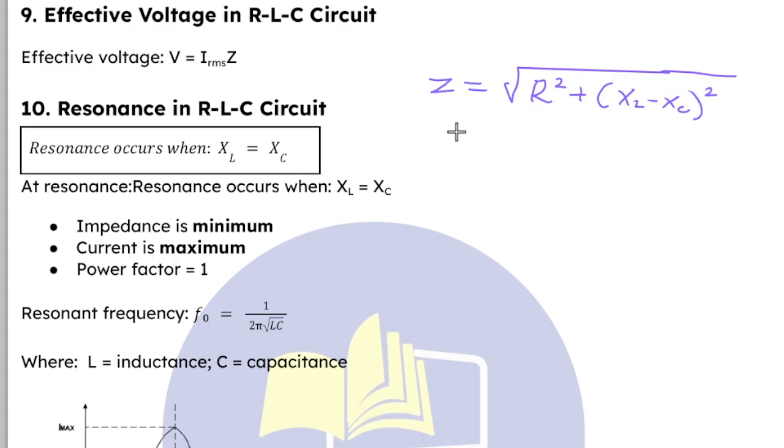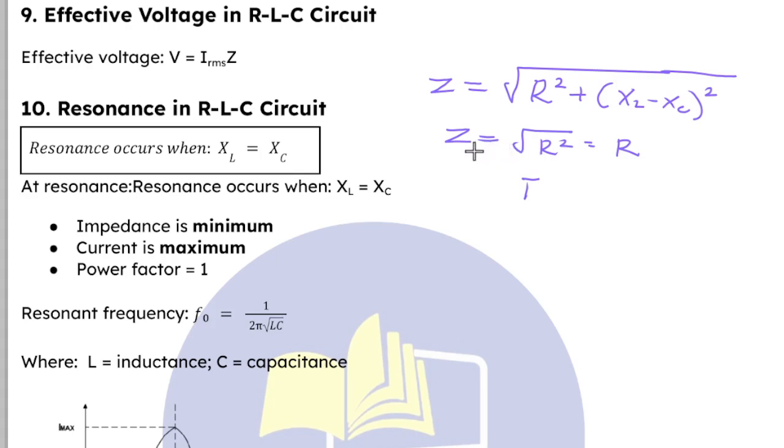So our Z will reduce to the square root of R squared, which will simply give us R, meaning the opposition due to the capacitor and the inductor has reduced to 0. And because of that, our Z is going to be the minimum value.